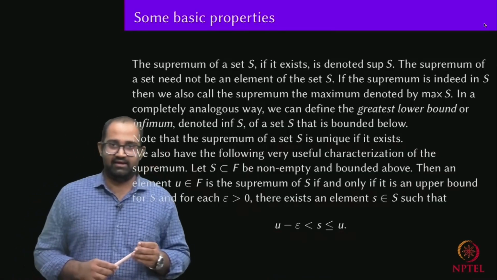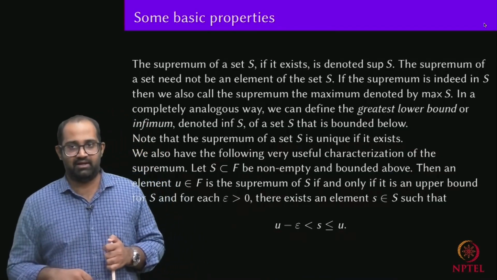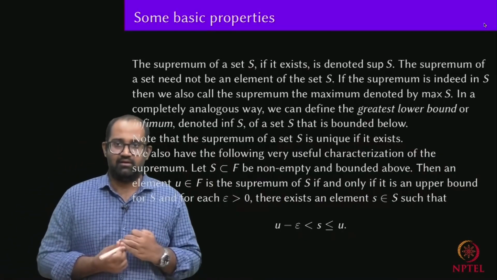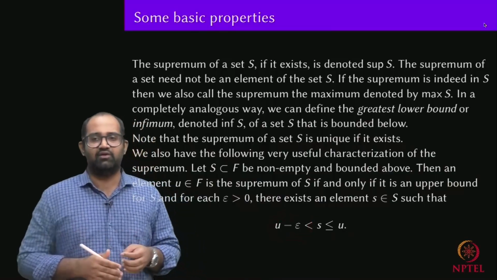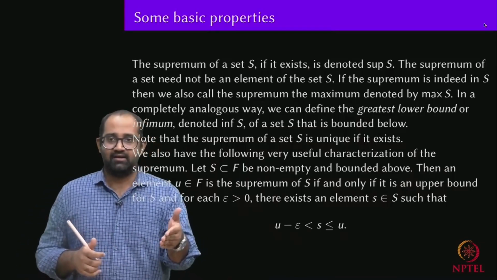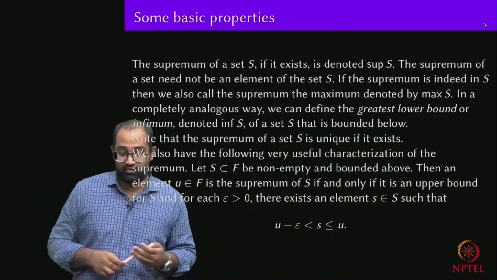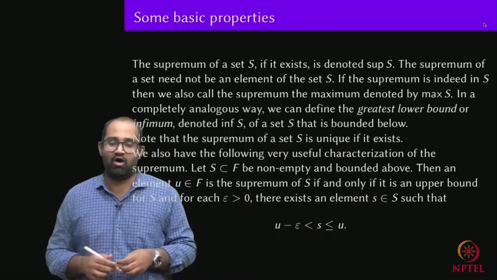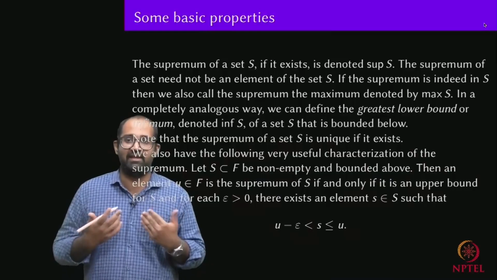What this is saying is the least upper bound is that upper bound with the property that if you knock off a little bit from it, that is what u minus epsilon is doing, then there must be an element of the set that is greater than u minus epsilon. That is, if you slightly chop it, you will enter the set S, or at least there will be an element in S that dominates it.